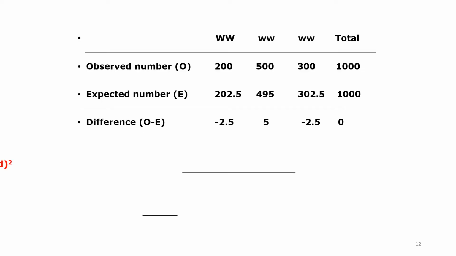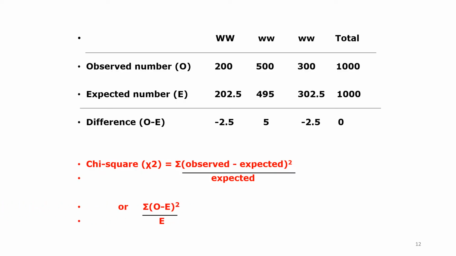To go ahead, we have to apply the chi-square statistic, and the formula says that it is the sum of the observed number of individuals minus the expected number of individuals, squared, divided by the expected number of individuals. This is a shortened form of the same formula.